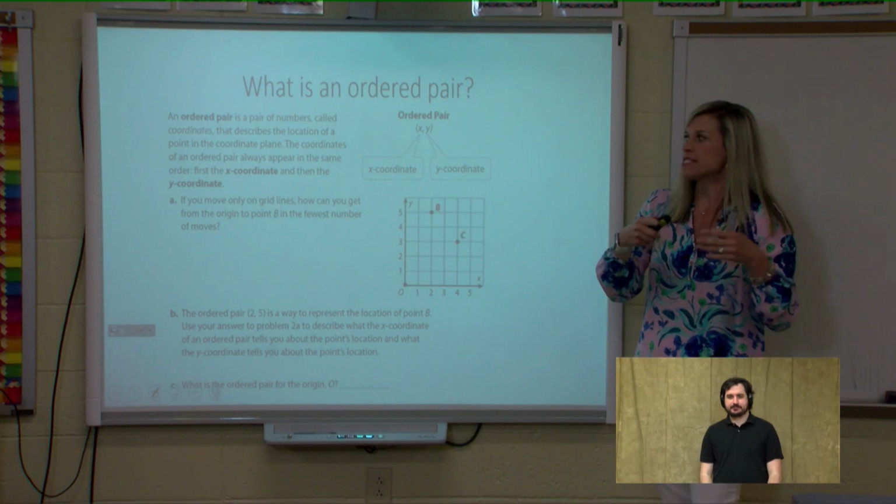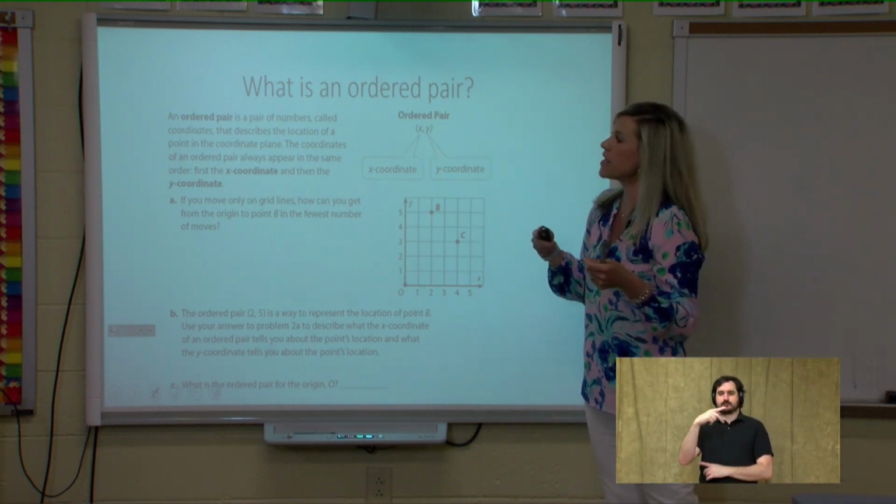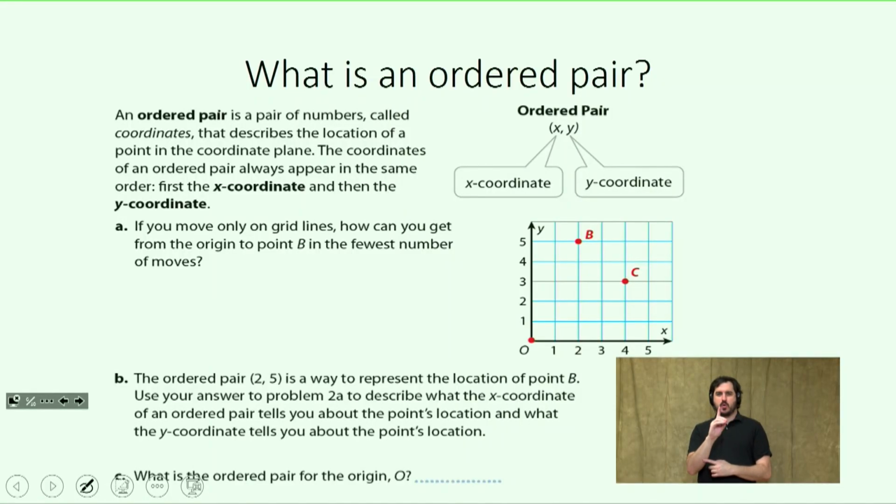An ordered pair is a pair of numbers, and it's called coordinates, okay? That describes the location of a point. So if you're looking at this, you notice this is not only labeled like I just did, but now you see inside the coordinate plane, I have some little letters that are labeled. So we're going to try to figure out where those letters are located here in this coordinate plane.